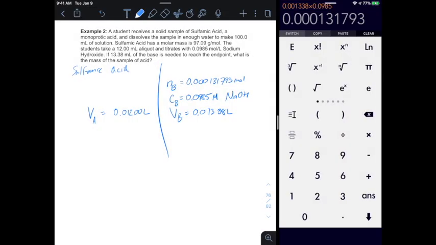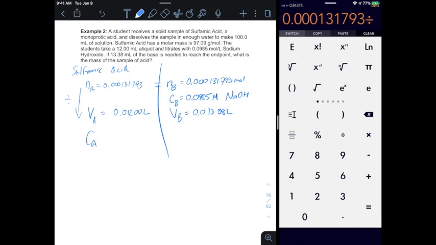It was monoprotic, so that means we can make them equal. So this is the number of moles of acid, and so that acid concentration is going to be the same. Okay, and then I want to figure out the concentration of the acid, so I'm going to divide these two, moles over volume.